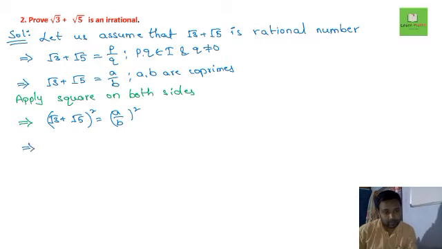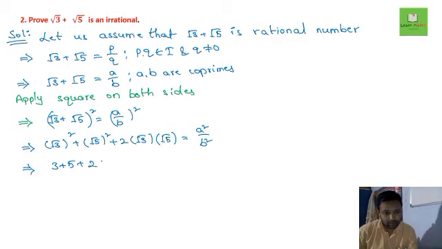Applying the a plus b whole square formula, we get root 3 whole square plus root 5 whole square plus 2 into root 3 into root 5 is equal to a square by b square. Therefore we get 3 plus 5 plus 2 root 15 is equal to a square by b square.